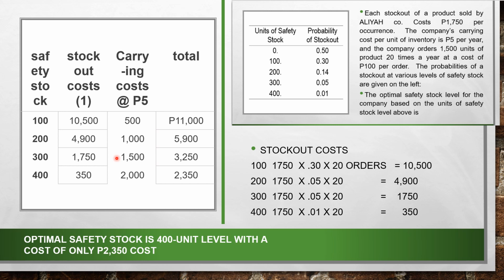The total cost would be 3,250. The same with 400: 400 times 5, 2,000, plus the stock out cost of 350. So we have a total of 2,350. So the question of what is the optimal safety stock level, that is 400, because this gives us the lowest cost. So we go with the lowest cost.